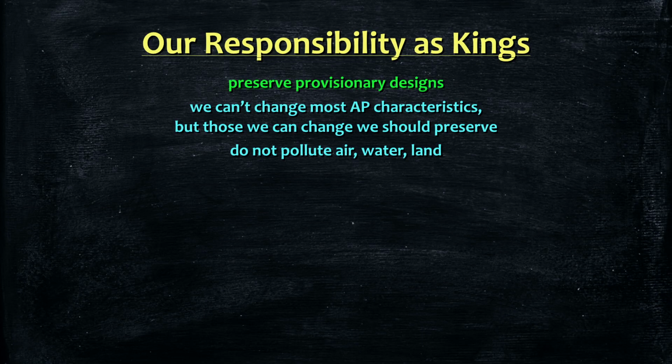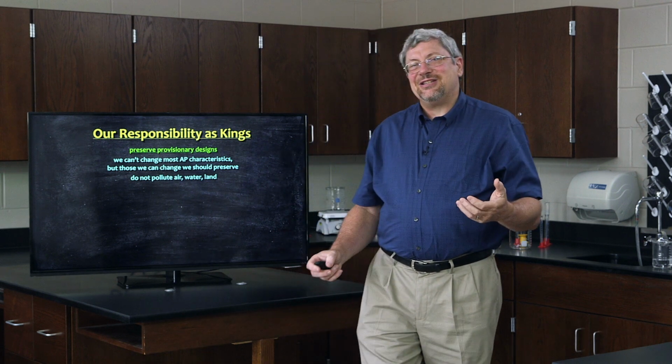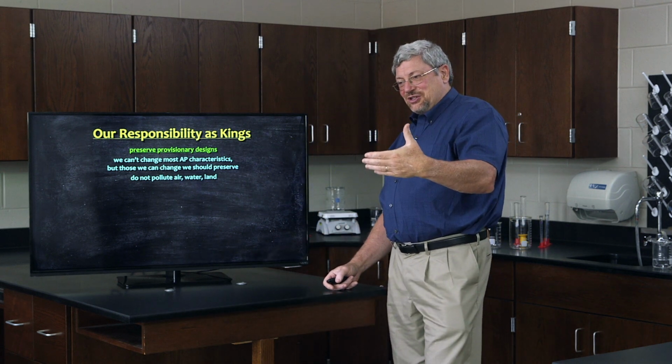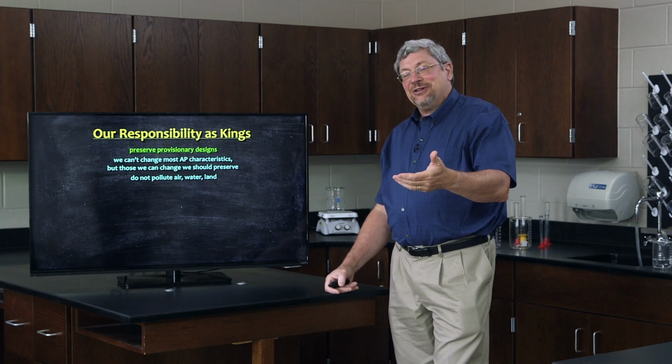But there are some things that we can affect and we can compromise. For example, in spite of the characteristics of water that are so great, part of the disadvantage of the design of water is that it's a really good solvent, not just of the good things, but of the bad things.